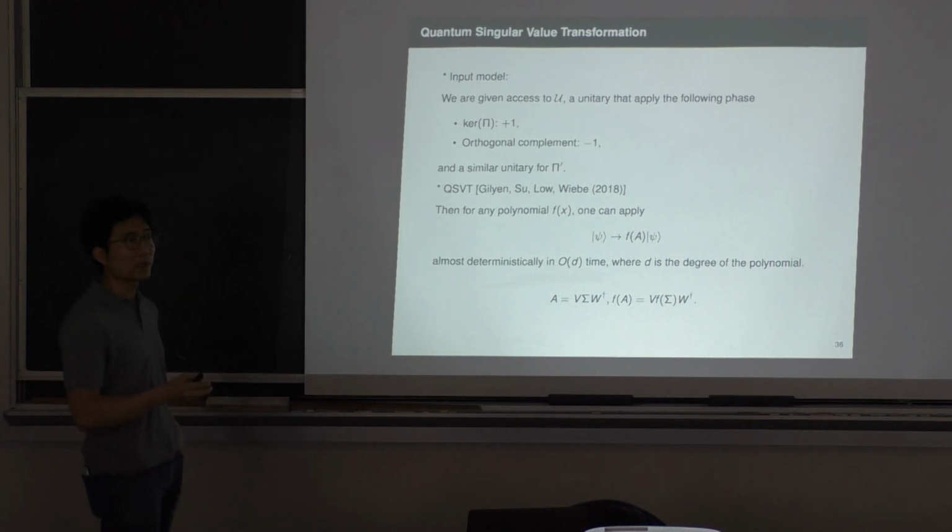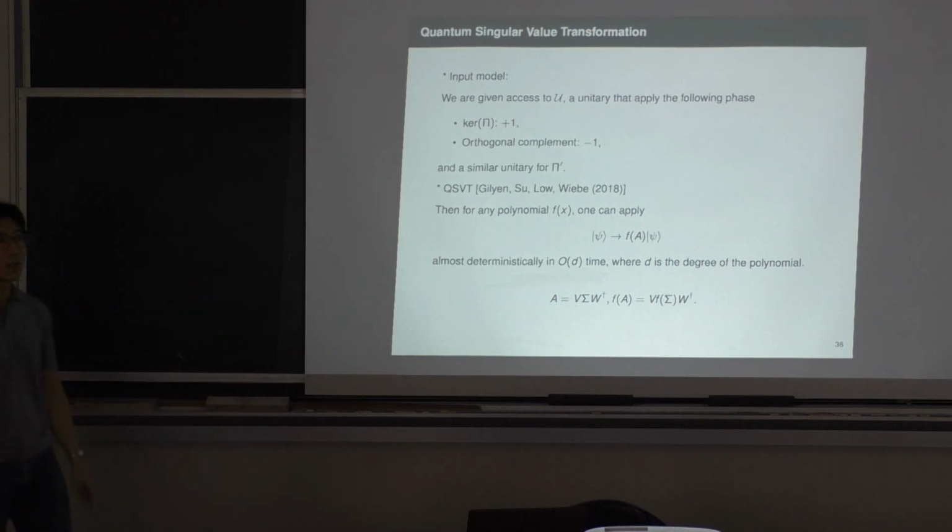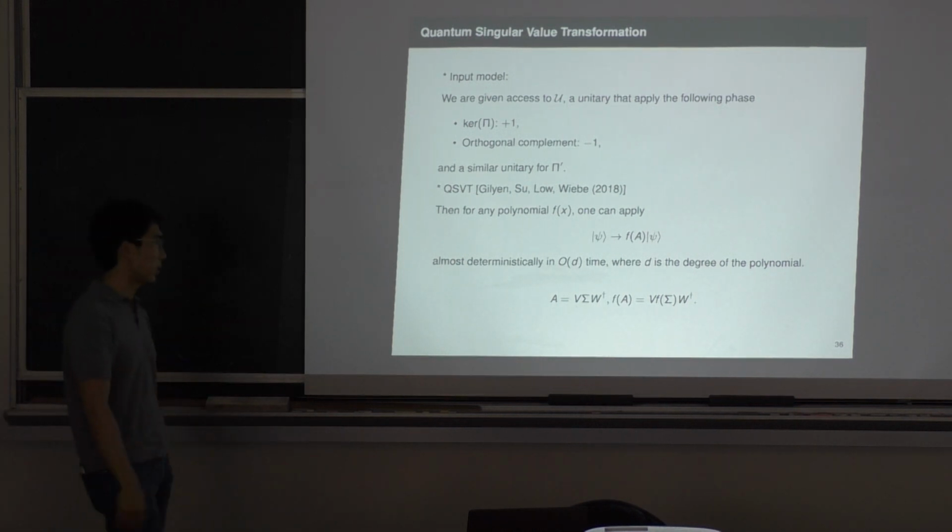even though A is not a unitary matrix, and f of x is just an arbitrary polynomial with some norm constraint, but essentially anything that you can imagine. And basically, the complexity of this operation is determined by the degree of the polynomial.